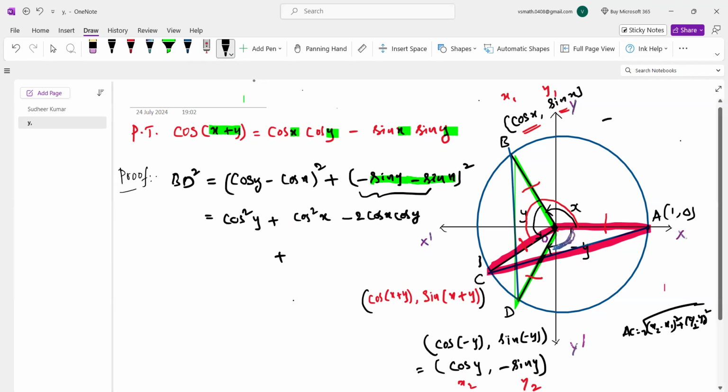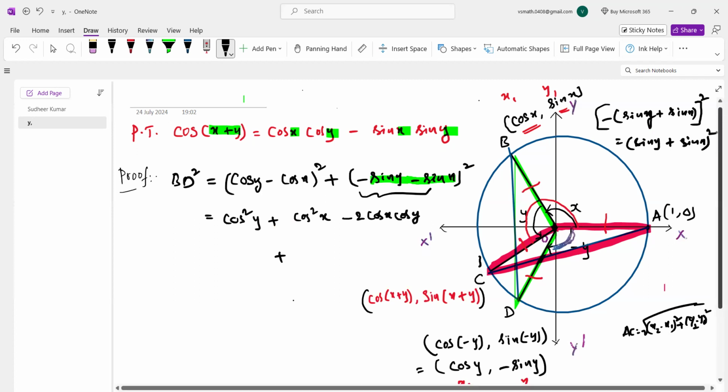So we can write this as, minus take common, so we'll get (sin y plus sin x) whole square, which is nothing but minus whole square is plus. Or directly also we can do it, minus sin y whole square like that.